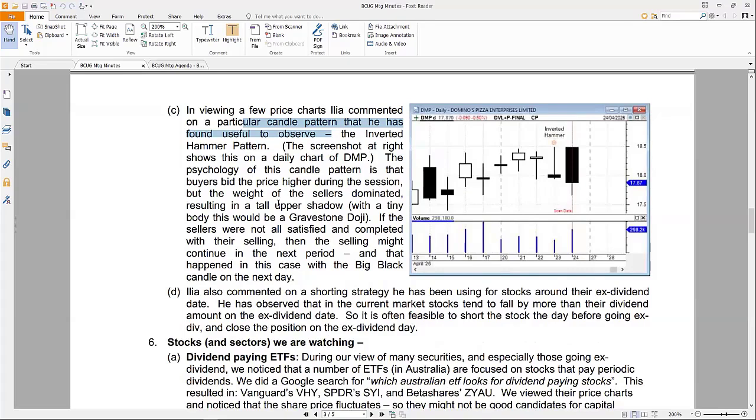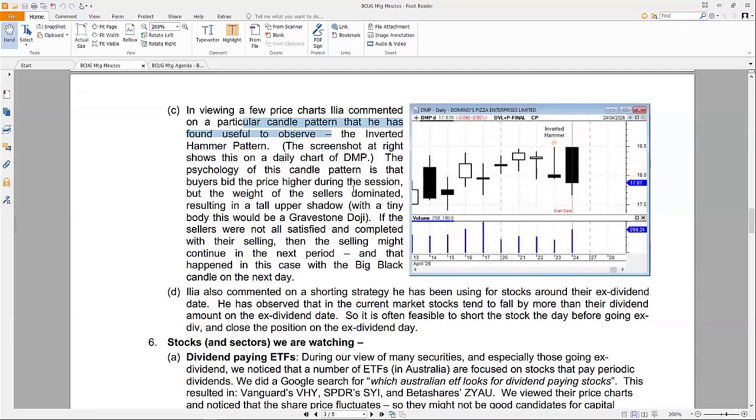Sometimes some of the things that are said in our Melbourne meeting, some of the rest of us don't really understand how useful they are, but some people have their own very particular trading strategy. And Ilya has found some way to utilize that particular candle pattern. So he likes using it and trading based on it.